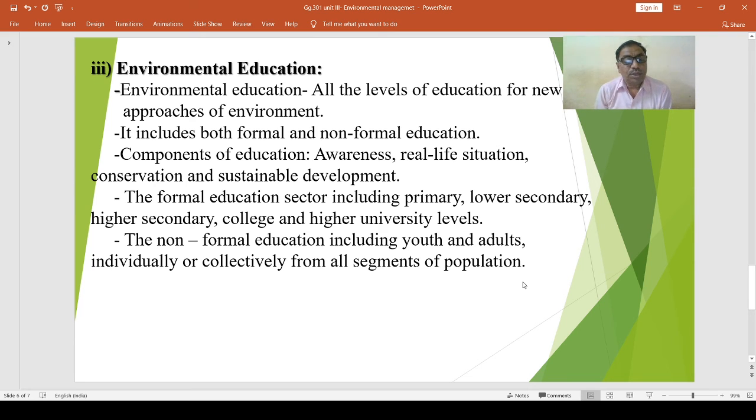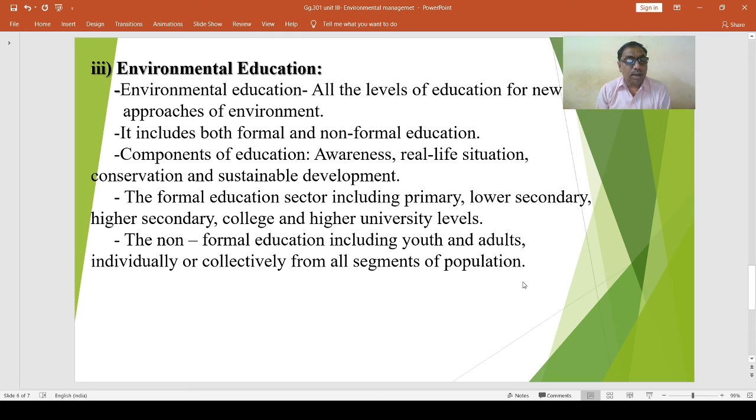In the formal education, four distinct components are recognized. These are awareness, real life situation, conservation, and sustainable development. The formal education sector includes primary, lower secondary, higher secondary, college, and higher university levels.